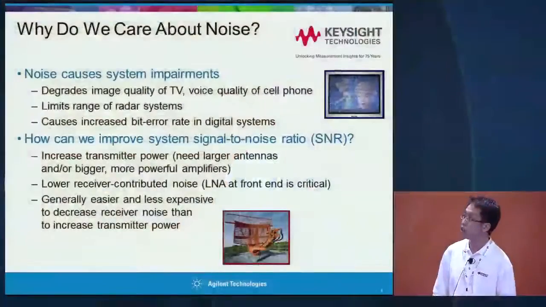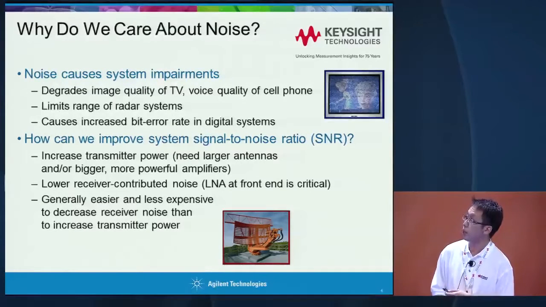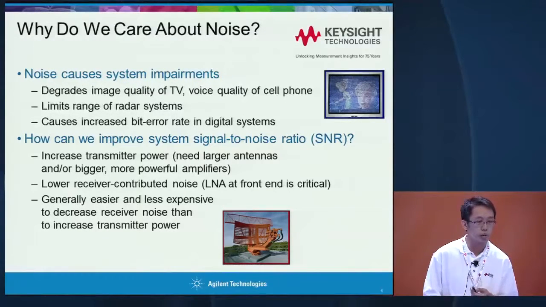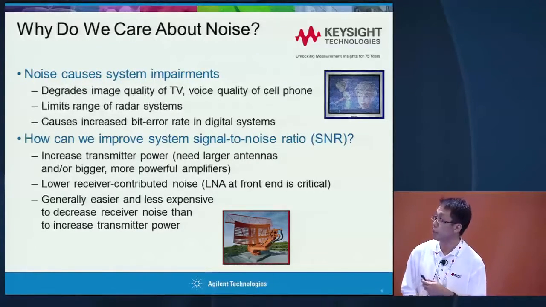Let's start with some refreshers on noise figure basics. Why do we care about noise? Noise degrades our signal quality, hence causing higher errors in our communication systems. This is not desirable. How do we improve on that? We can increase our transmitter power to improve the signal-to-noise ratio, but this might not be practical.